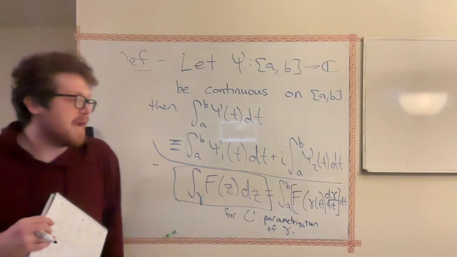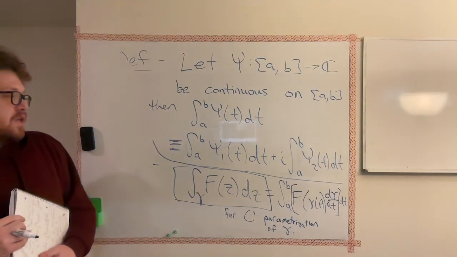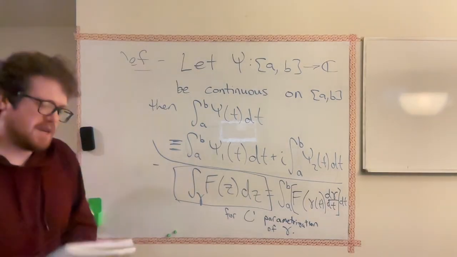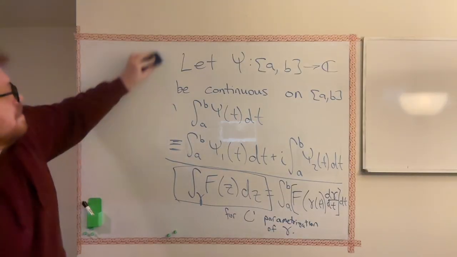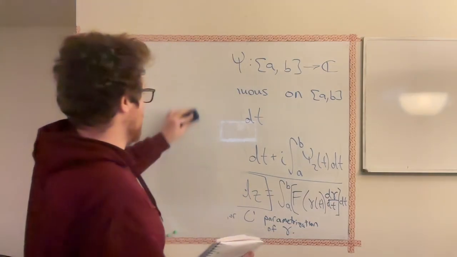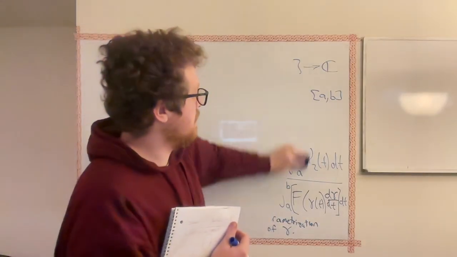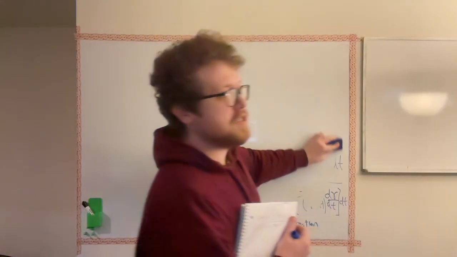This d gamma dt might change, right? Anything I'm missing? I think I basically covered everything here. So that just defines our complex line integrals, and now we can play around with that definition and see what we get for some specific examples.